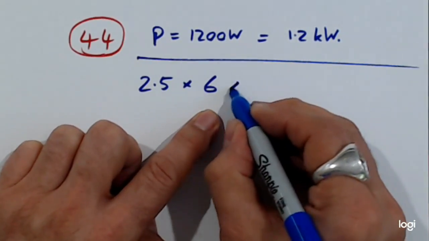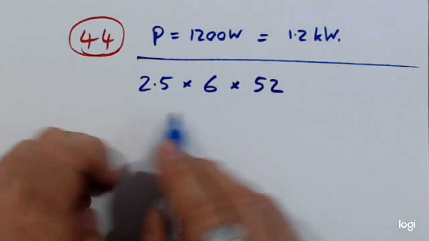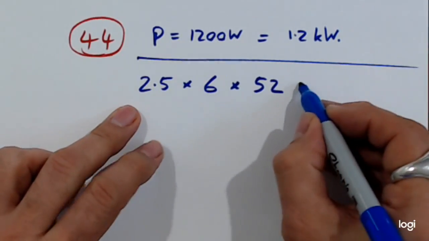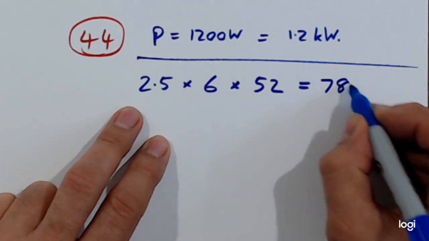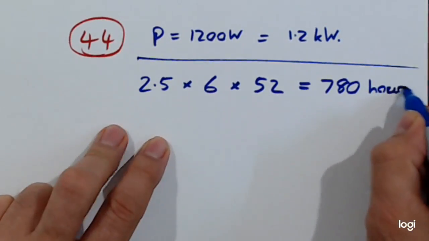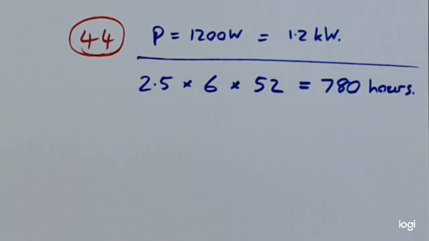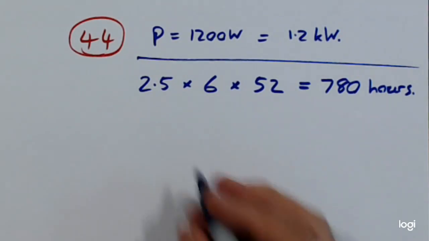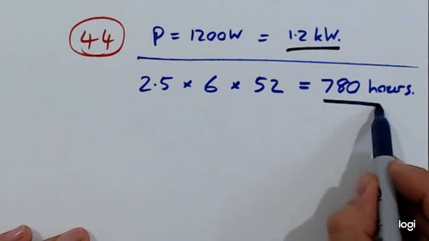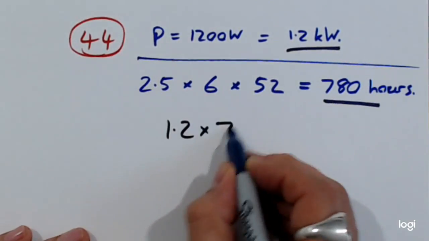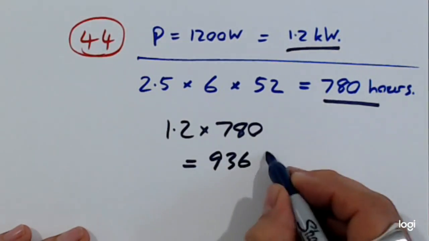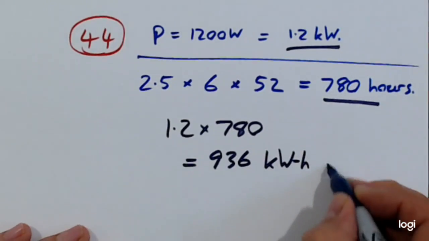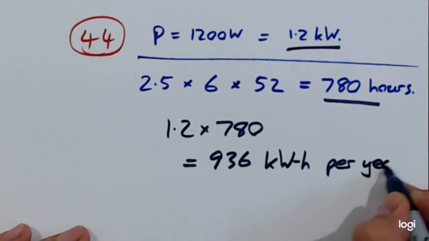A year has 52 weeks. So that should be how many hours the dishwasher is on in a year. That comes to 780 hours. So to find out how many kilowatt hours she uses, kilowatts times hours. 1.2 times 780 is 936 kilowatt hours per year.